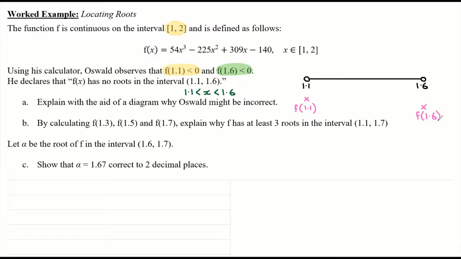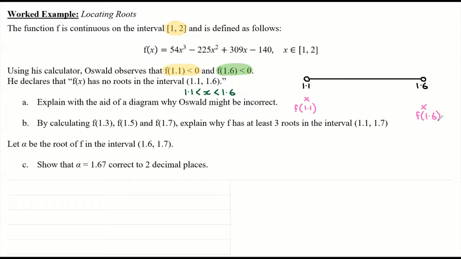Okay, so we don't have a change of sign. They're both negative. Now, how can we show that he might be incorrect? Well, if you look at one of the cases 4, 5, or 6, it's not necessarily the case that two signs being the same shows that there are no roots in the interval.